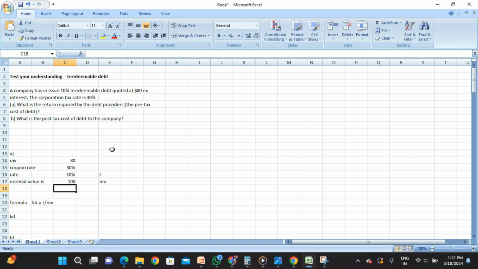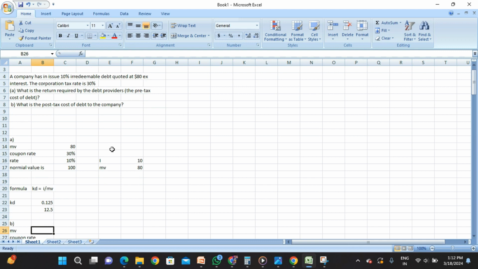The formula you all know, Kd equal to I divided by market value. So I will be equal to 100 into 10%, which is 10, and the market value you know is 80. We put it into the formula: 10 divided by 80 equals 0.125. We multiply by 100, you will get 12.5%. This will be the first answer.